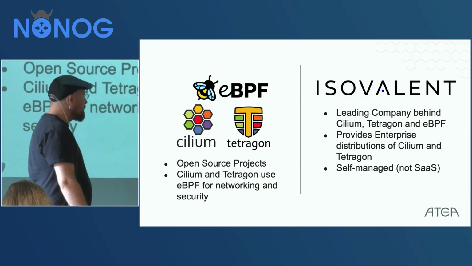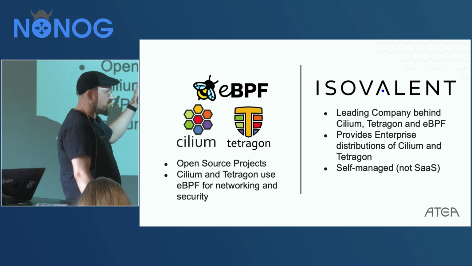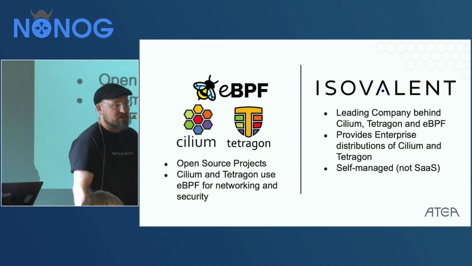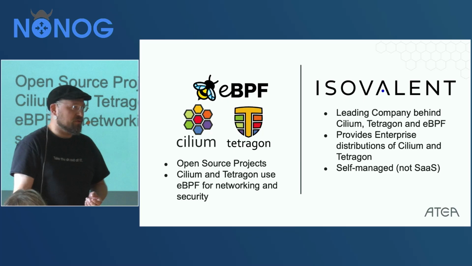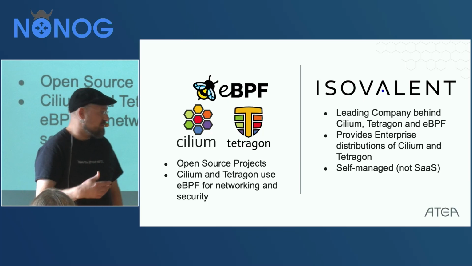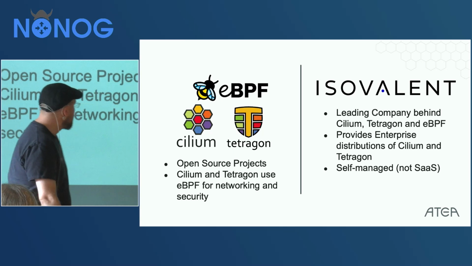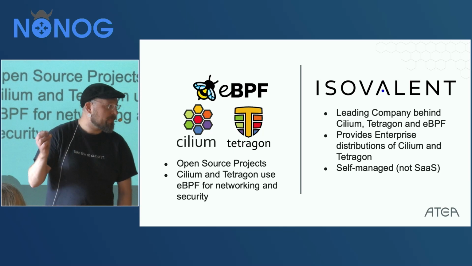So you have two main ones: Cilium and Tetragon. Tetragon is more like end host security. It's meant to control or have insight in the traffic, but Cilium is more like the network setup.